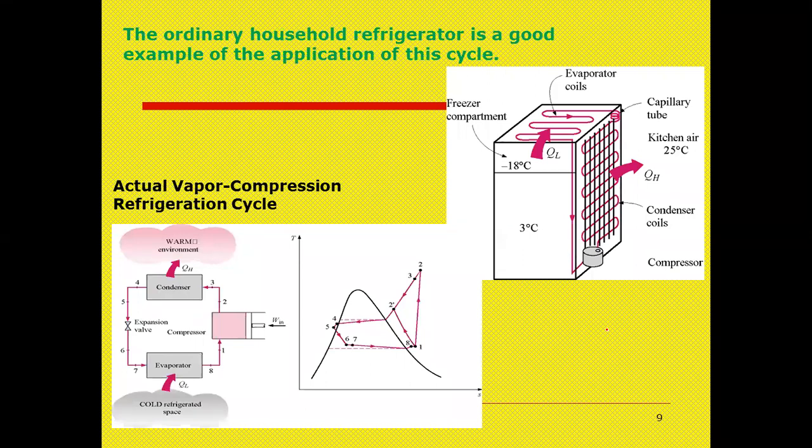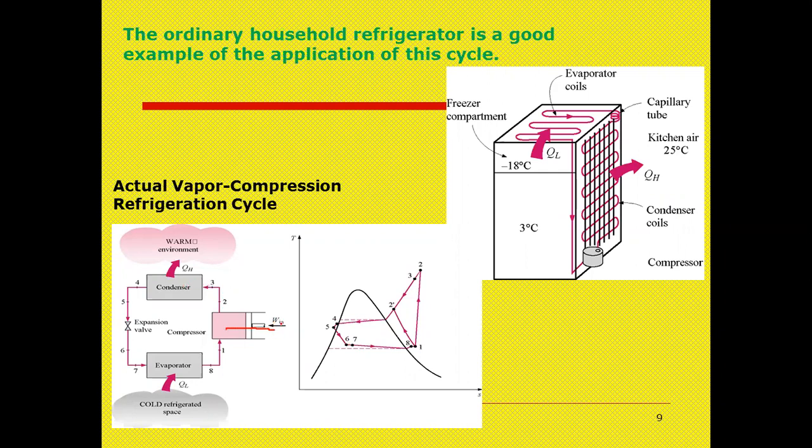So vapor compression is what we are using in domestic applications in every home. The ordinary household refrigerator is a good example of the application of this cycle. If you see the actual vapor compression, the work is done, the air is compressed and passes to the condenser.